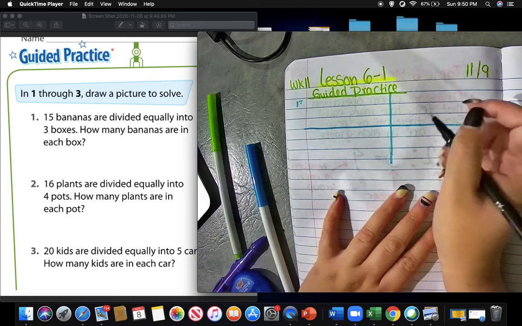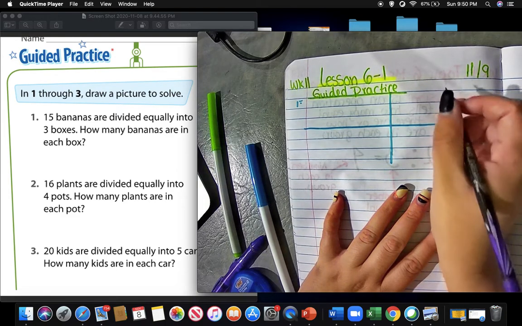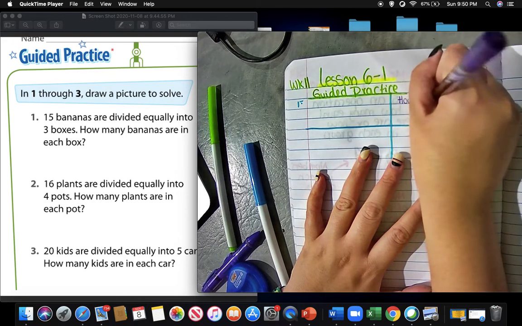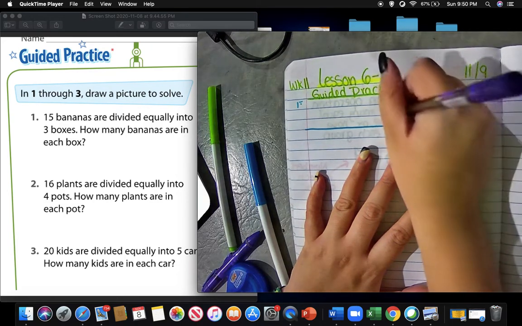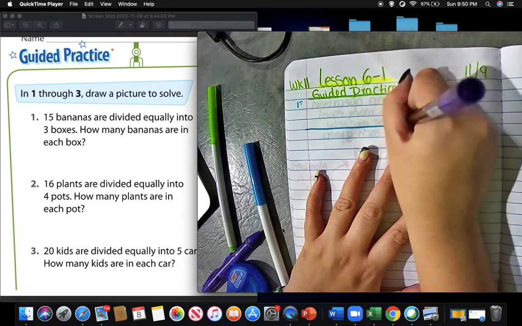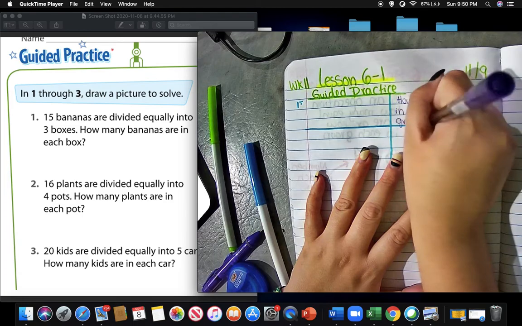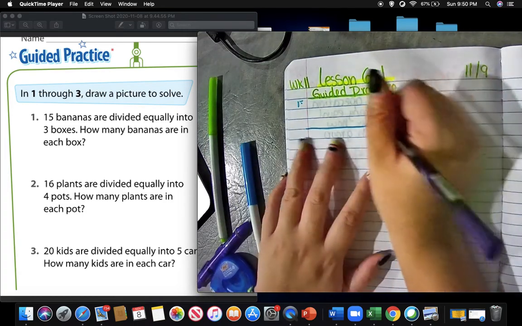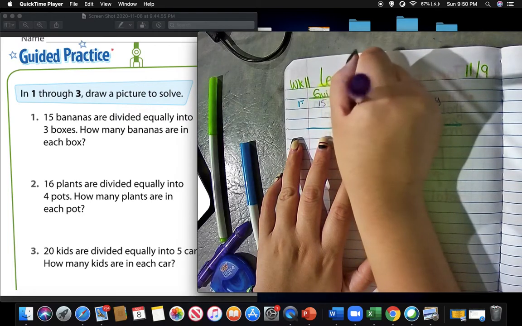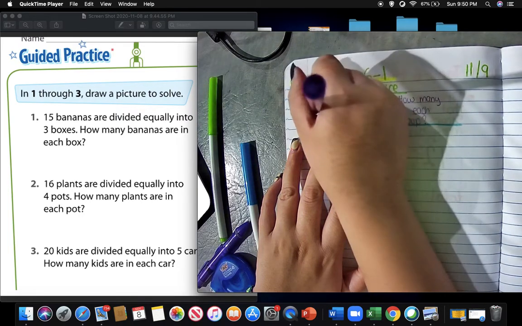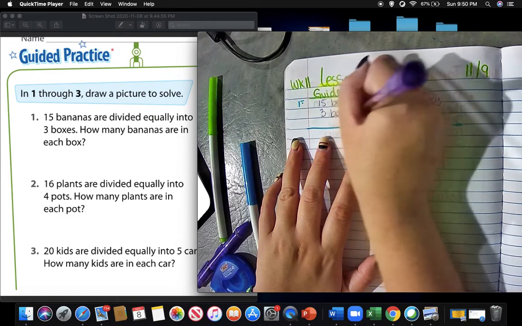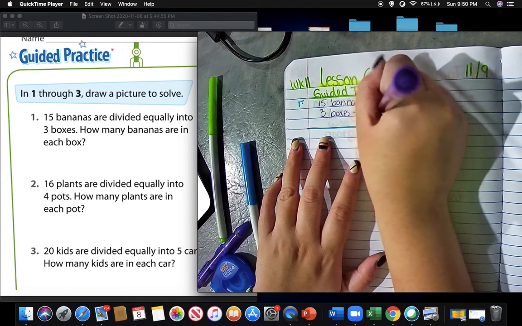So the question is, how many bananas are in each group? So how many in each group? Okay, and then we know that there are 15 bananas, and I want 3 boxes. The boxes will be the same as my groups.